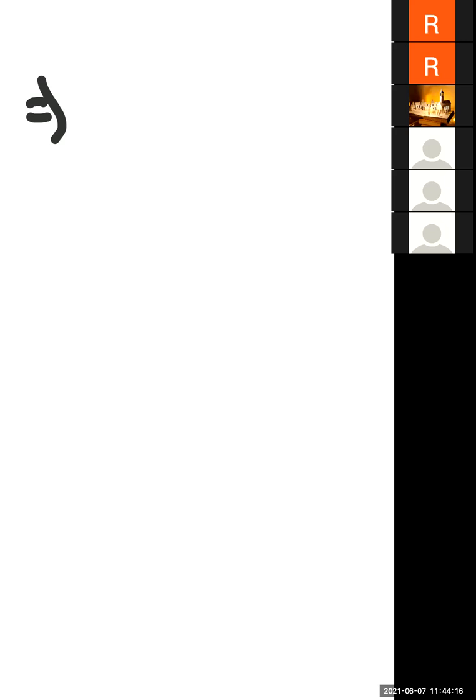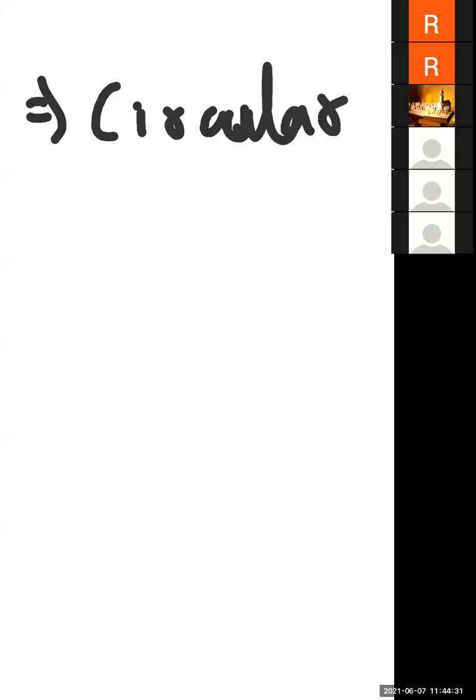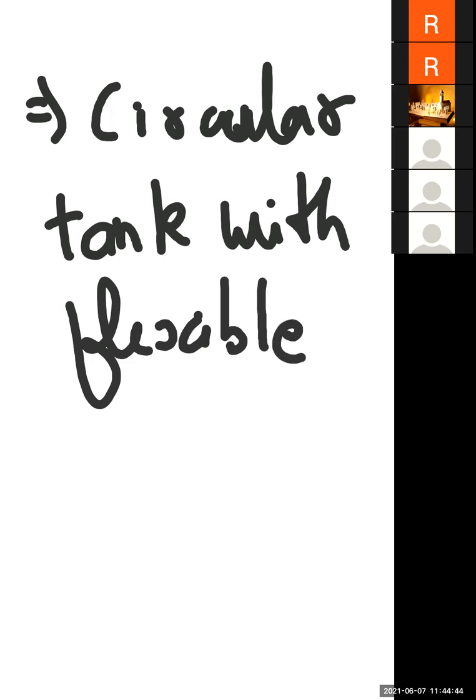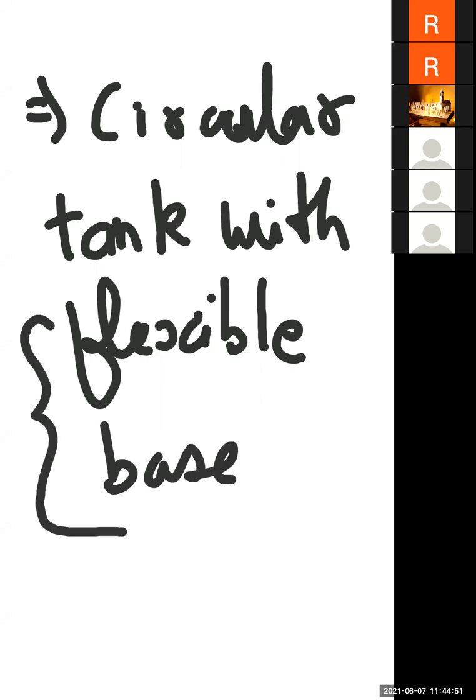According to the base design, circular water tanks are classified as number one, circular tank with flexible base, right? With flexible base. And what is the meaning of flexible base here?